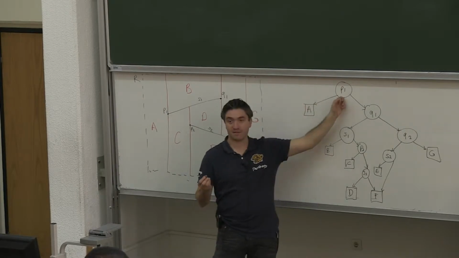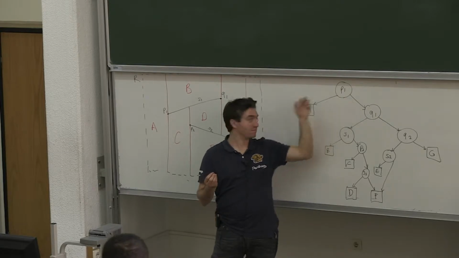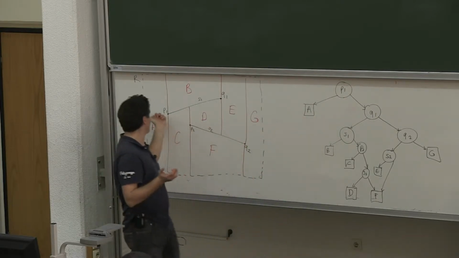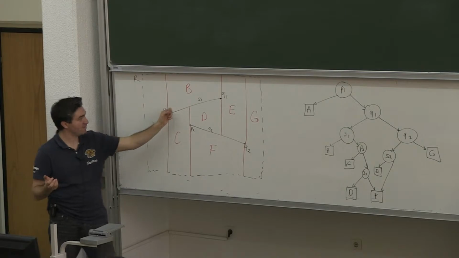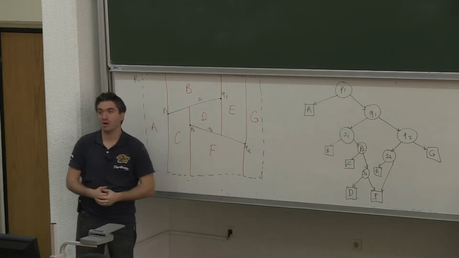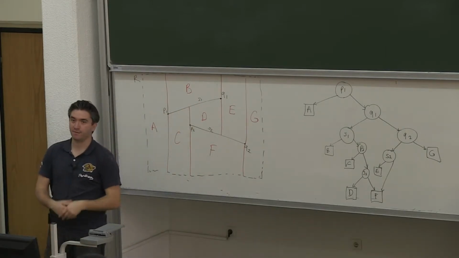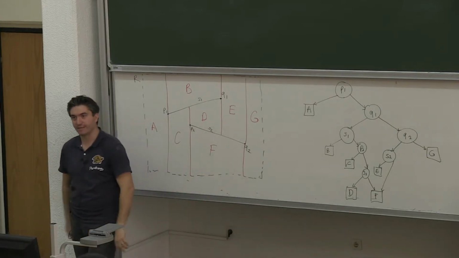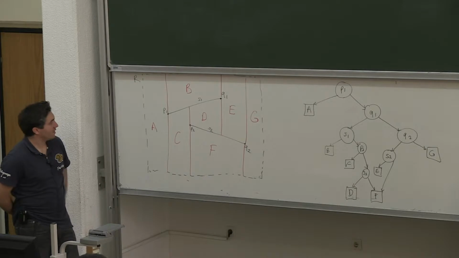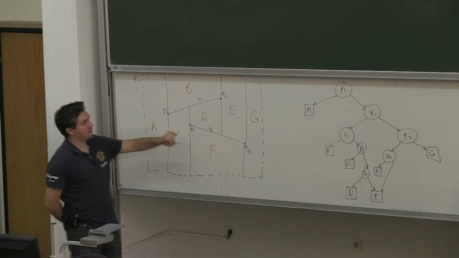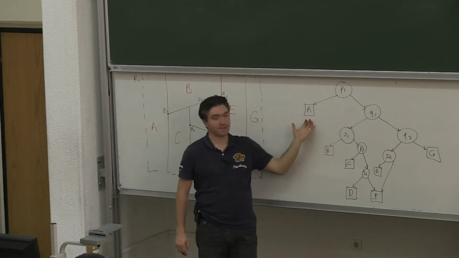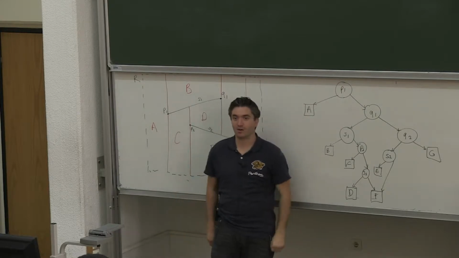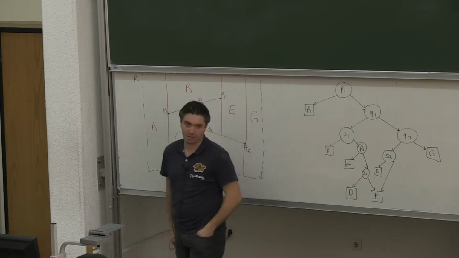For example, if our query point lies to the left of P1, I know that it's in trapezoid A. So P1, Q1, P2, Q2 are the endpoints of the original line segments, which are non-intersecting. When we end up in a leaf, it means that our query point is contained in that trapezoid.